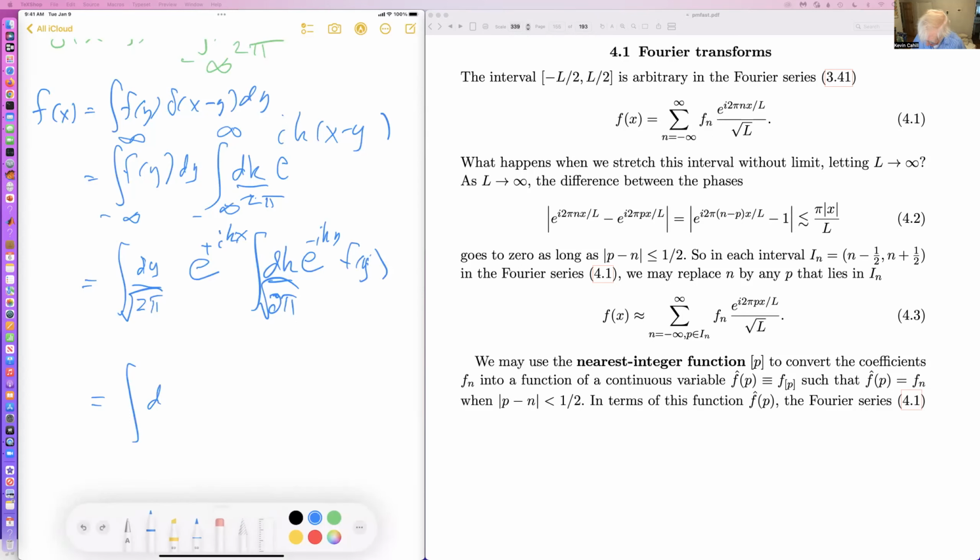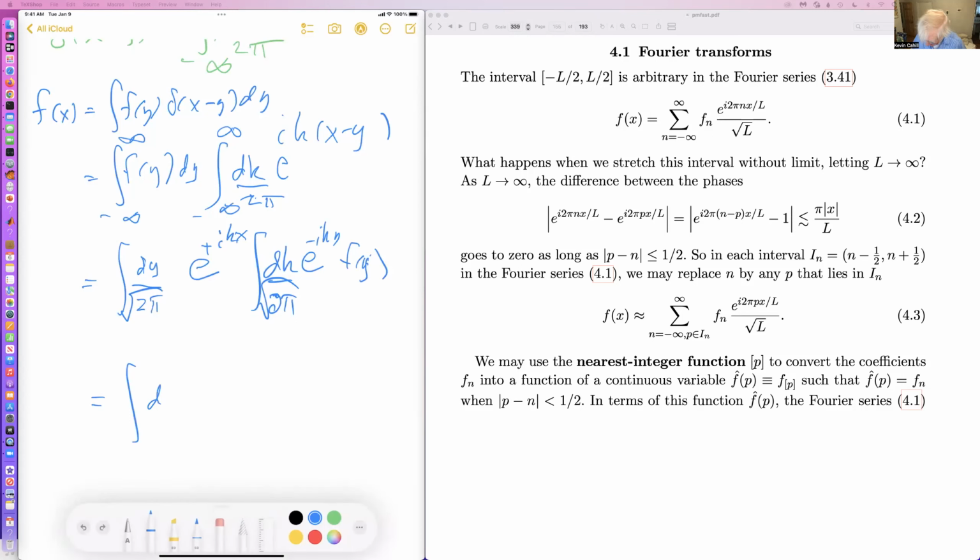I'm going to call this f of k, or f tilde of k, and e to the i k x, and then f tilde of k is the rest of this. F tilde of k will then be an integral dy over square root of 2 pi e to the minus i k y f of y.